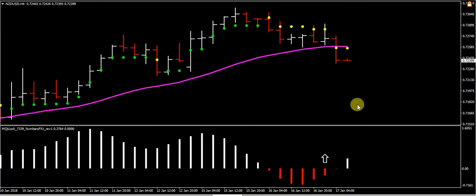New Zealand dollar USD. Right, so this is a little bit more. It's broken the moving average. This could be starting to tip over. Should be interesting.